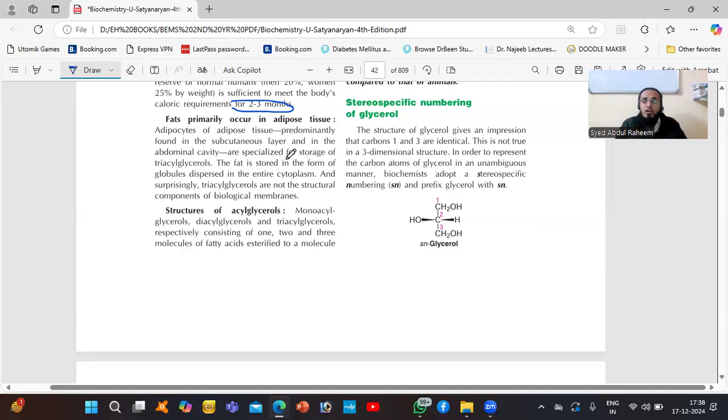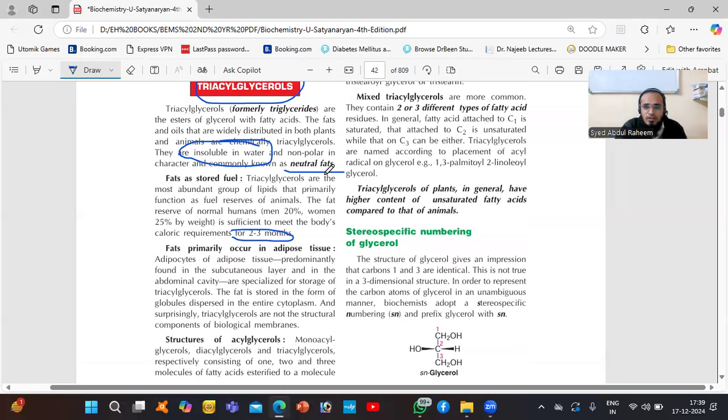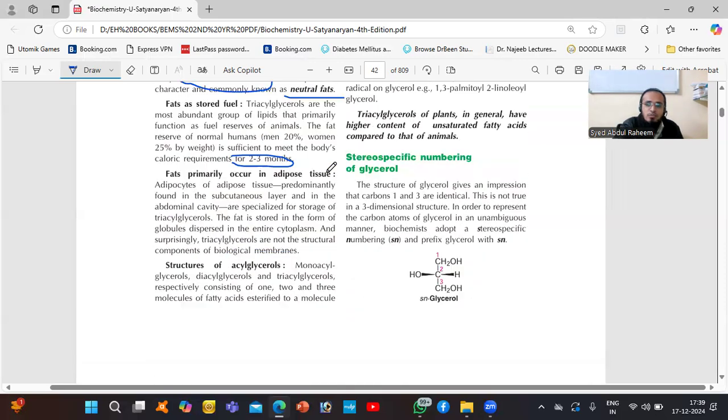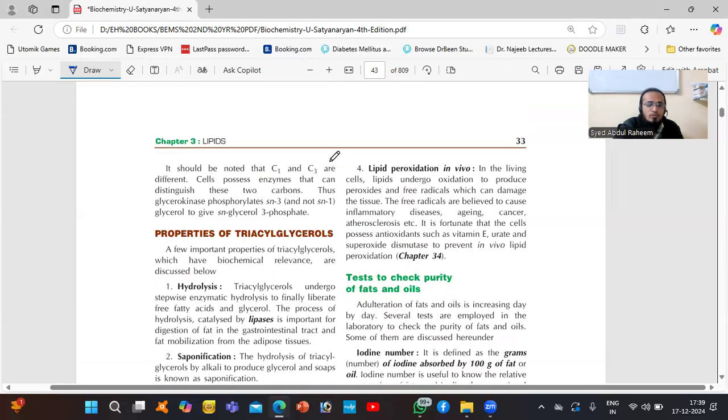We are absorbing or consuming a lot of fatty food, triglycerides, lipid food, etc. What will happen? The body stores it all in the form of triglycerides in adipose tissue, in the thighs, in the buttocks, in the abdominal area. We have a large amount of adipose tissue. Adipose tissue means tissue that stores fat. So this is the thing we have to understand. If we take a large amount of fatty food, it is also not good for us.